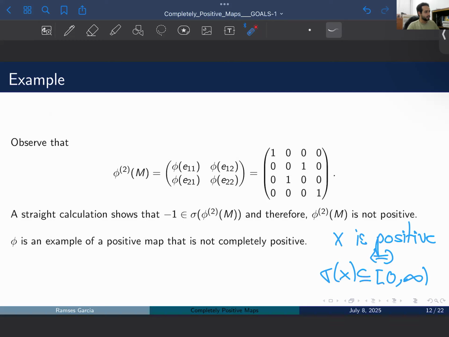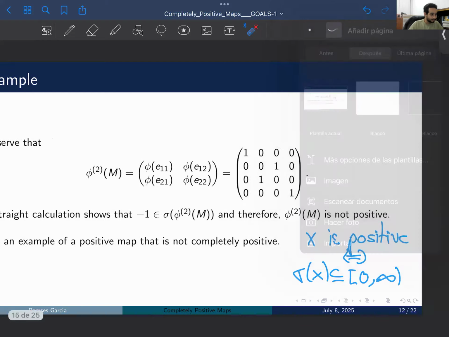Now that we know a couple of examples, I'm going to state two important terms when we work with completely positive maps.